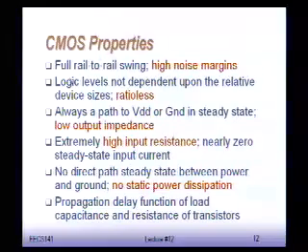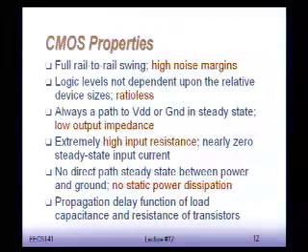Also, the other interesting thing is that this logic is ratio-less, which means that the static characteristic, the logic levels, high and low, don't depend on the relative sizing of the NMOS and the PMOS. In other words, think about an inverter that is loaded with a resistor.